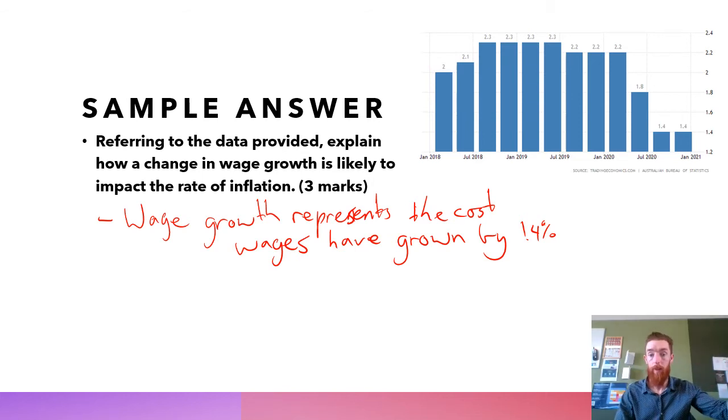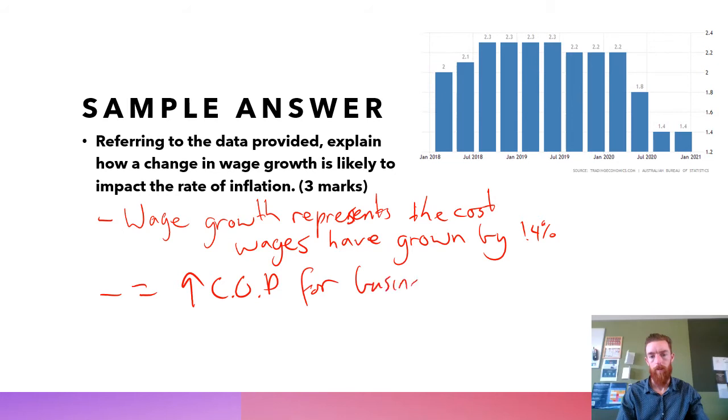If wages have increased by that, this equals an increase in cost of production for businesses. This makes businesses less willing to supply, or they're going to increase prices to protect their profit margins.